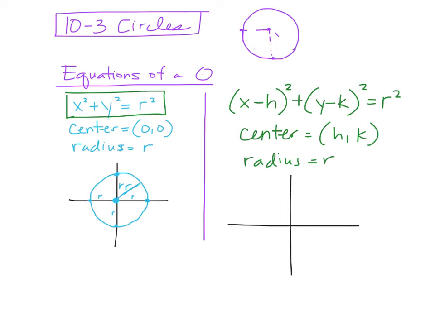Okay, so if I were to graph this, let's say we have this set up. If I were to put my center right here, let's say, okay, so that's my h, k point. I'm just picking a random point. That's not actually h, k, but we're going to say that's where our h, k would be. And then our radius, however far we're going in every direction, needs to be the same.